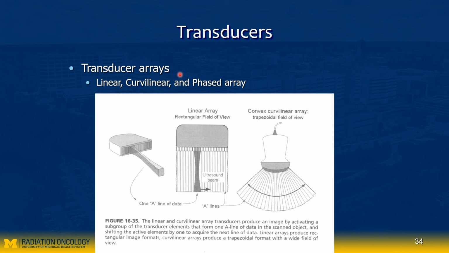All right, there are different types of transducers available. Here I'm showing the linear array and a curvilinear array. In the next slide, I'm going to talk about the phased array. Linear and curvilinear arrays are very similar. The only difference is that the linear array creates a more straight image, whereas in this view you will have a trapezoidal, fan-shaped image.